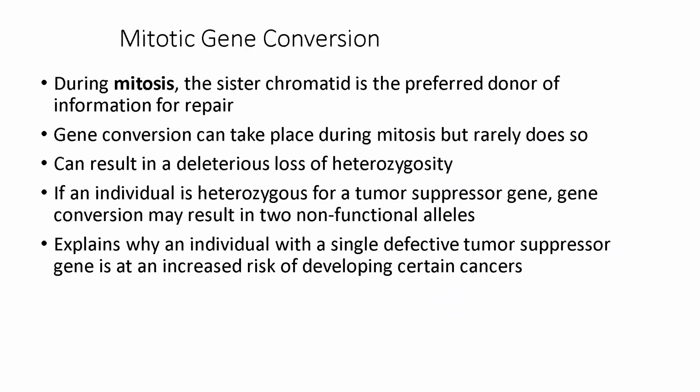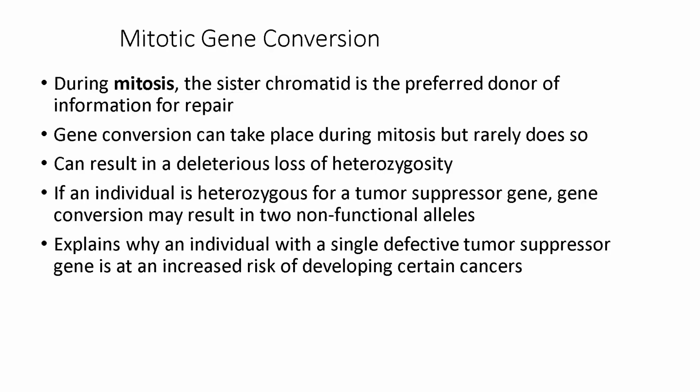Although gene conversion primarily occurs during meiosis, it can also happen in mitosis. In mitotic cells, the preferred donor for repair is the sister chromatid rather than the homologous chromosome. While rare, gene conversion in mitosis can have serious consequences.